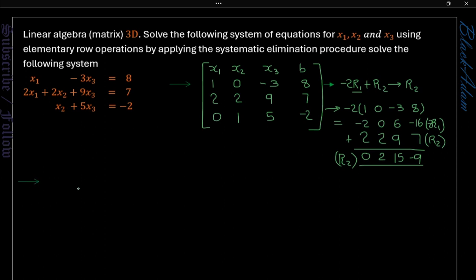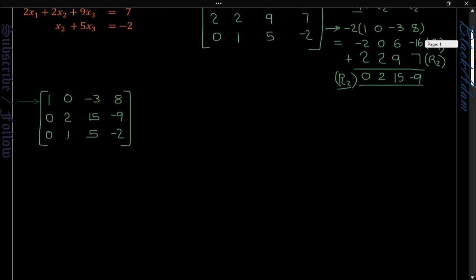Then from there we write as it is, row 1, that's 1 0 negative 3 and 8, and then row 2 has to be replaced with what we have now, 0 2 15 negative 9, and then row 3 we did nothing with it, so we write it as it is, 0 1 5 negative 2. So that is the first simplified part.